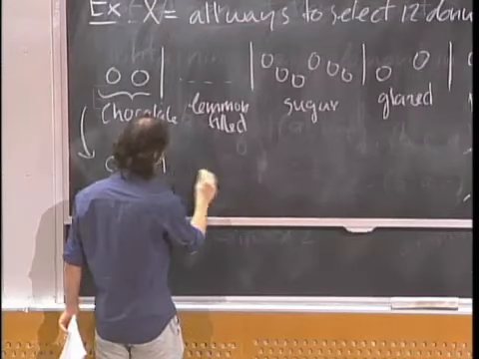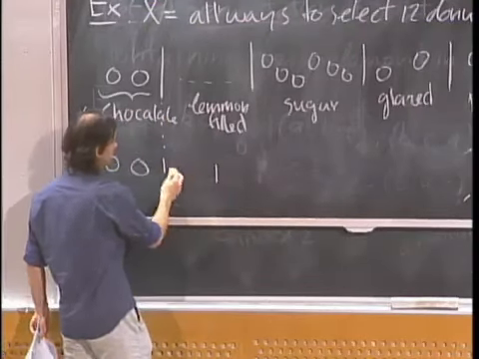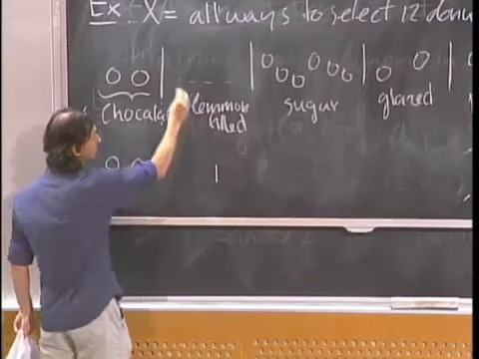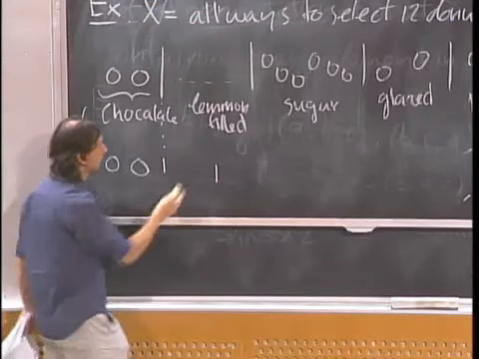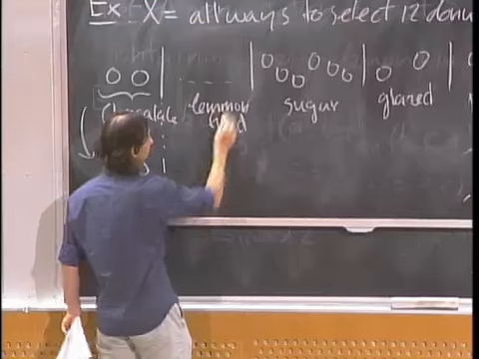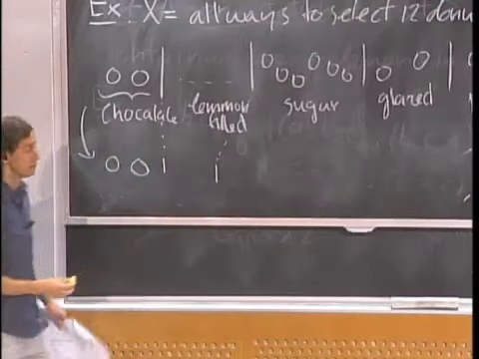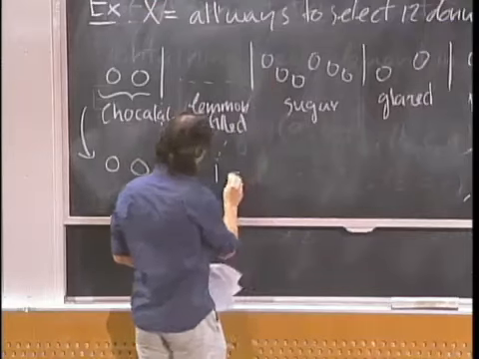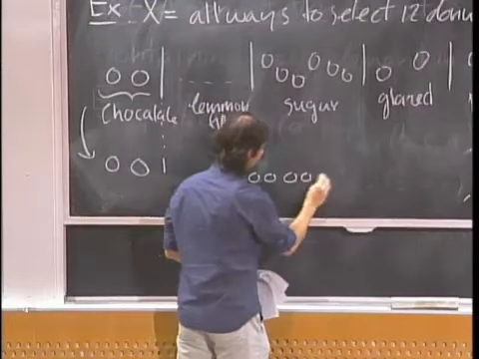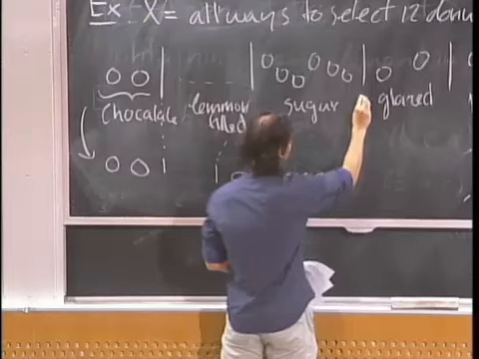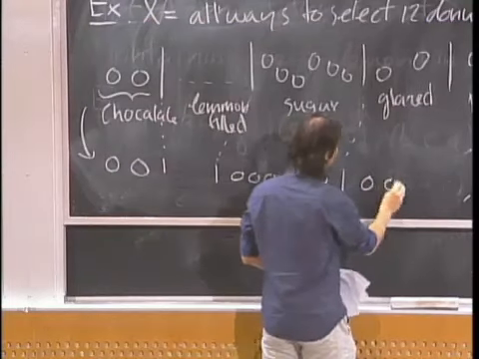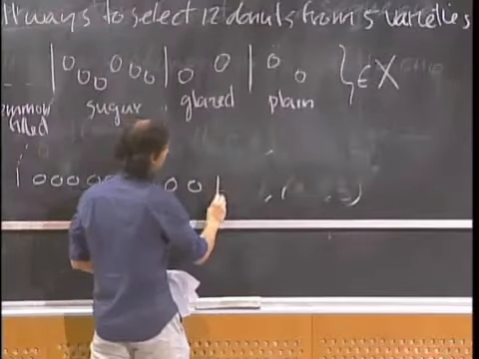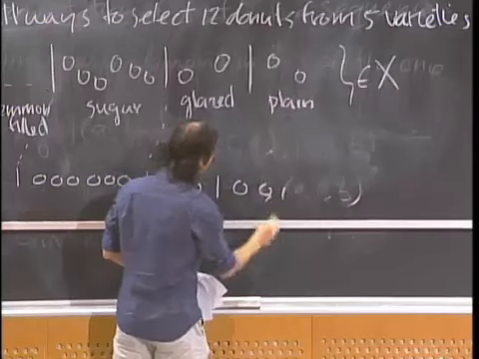Then we have no zeros between these 2 ones because there are no donuts in the lemon-filled basket. So we have a 1 that is the mapping from this divider over here. We got 6 zeros. We have another 1, that is this divider. 2 zeros, 2 donuts in the glazed version, and so on.